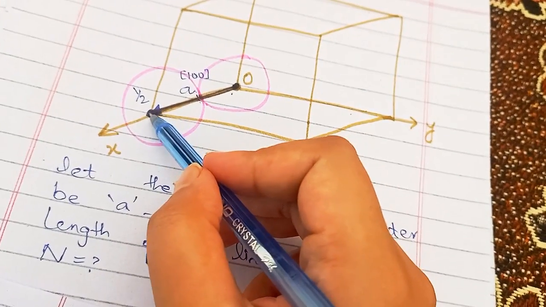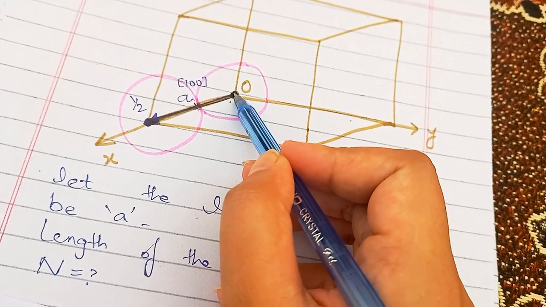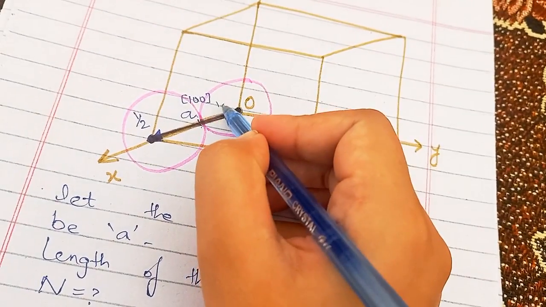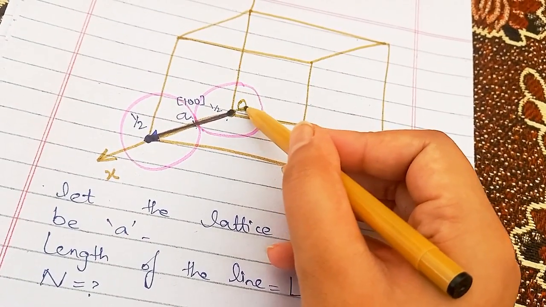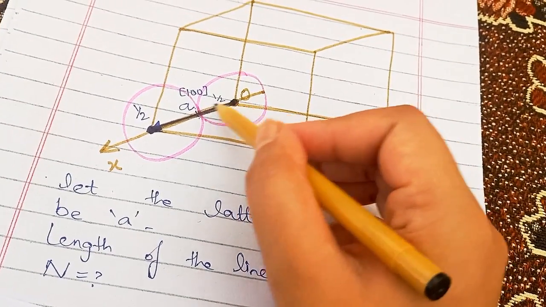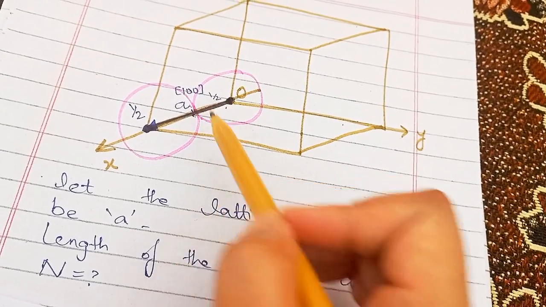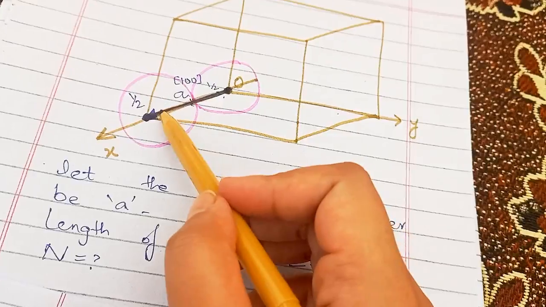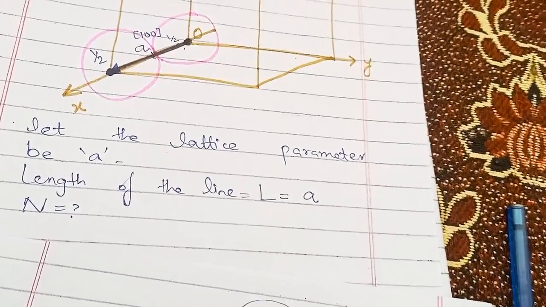For this atom only half of its diameter is inside the line, and for this atom the same is true. You can see this is the whole diameter, only half the atom's diameter is inside the line. That is why you will take this atom's contribution to the line as 1/2 as well. So it's half by this atom and half by this atom. You will add it up to get the total number of atoms lying on the line.